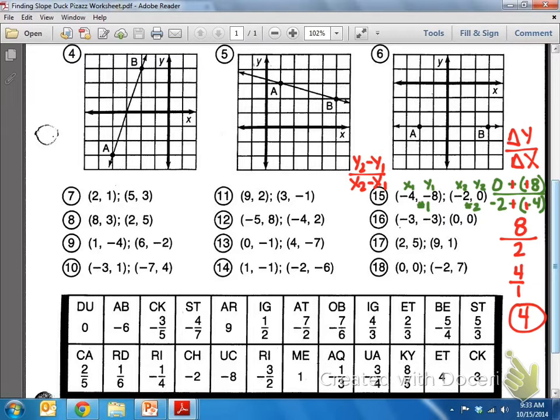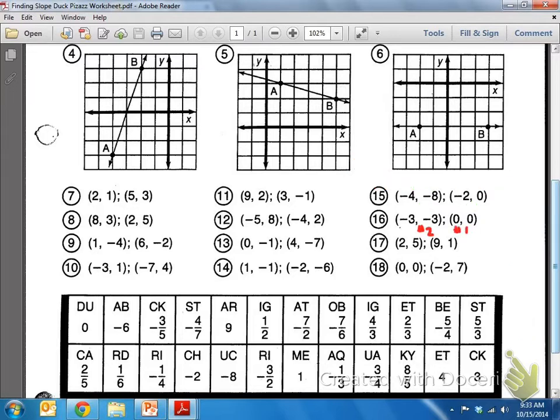All right, let's quickly go through 16, 17, and 18 while we're here. So, for number 16, we'll just arbitrarily label the first point as point number 2, and 0, 0 is point number 1. So the x part and the y part of point number 2 are x2 and y2, and that would make 0, 0 x1 and y1. So let's plug it into the formula y2 minus y1 over x2 minus x1.